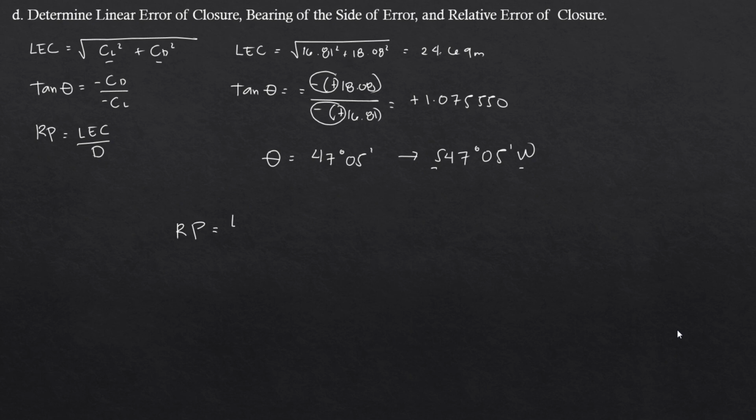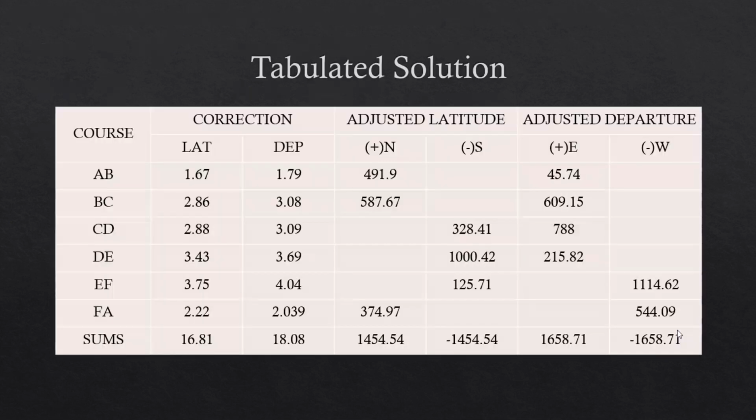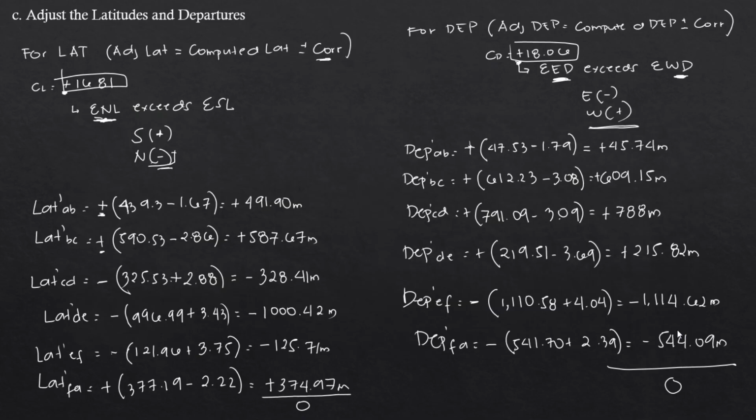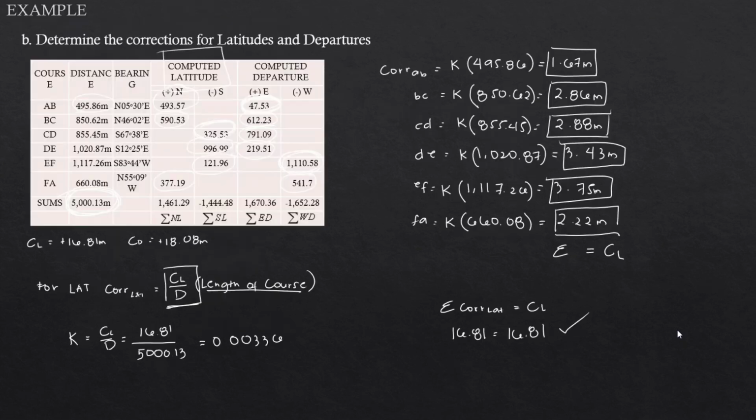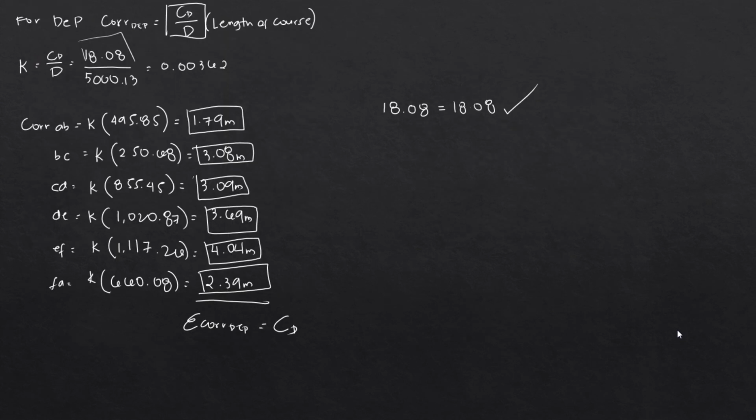Then, kunin natin yung relative precision. Relative precision natin is equal to LEC or linear error of closure over total length or distances ng given courses natin. Okay, so is equal to 24.69 over D natin is, ayan, 5,000.13.